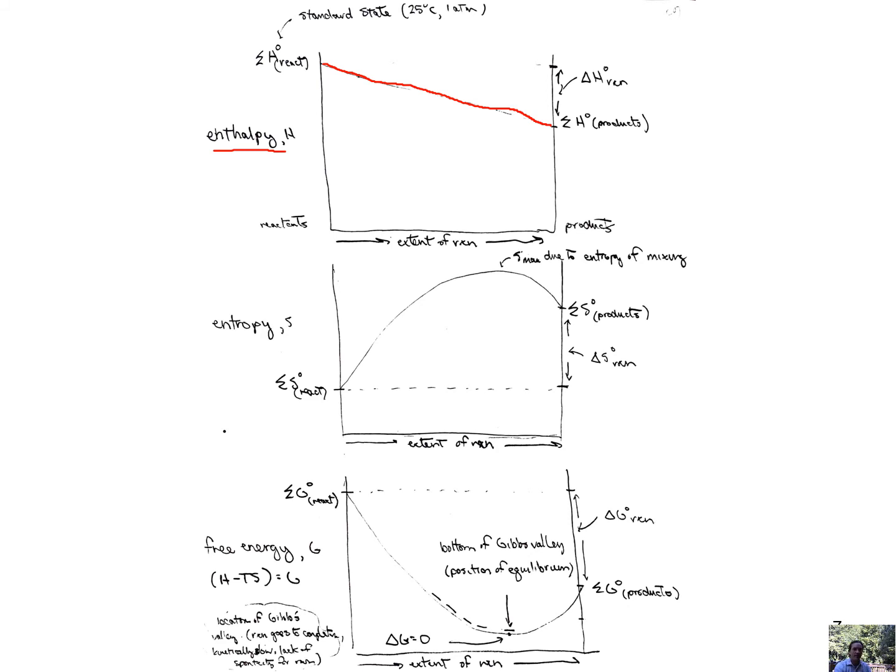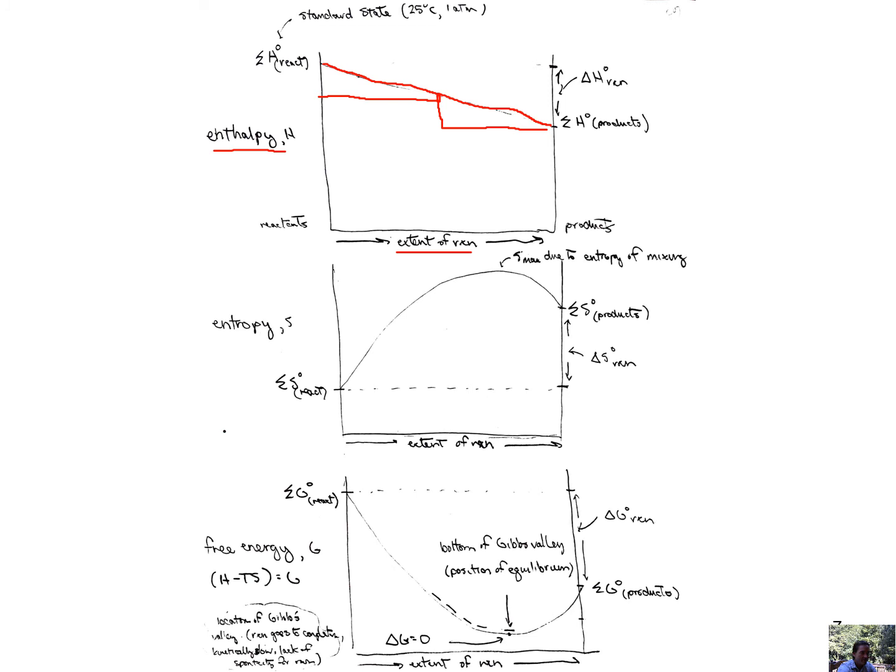As I go from reactants to products, and in this case I am portraying an exothermic reaction where the system is losing heat and delta H is negative, you can imagine that if the reaction goes halfway, I've released half of the heat. And that totally makes sense. And so it is kind of a linear function when you put it relative to the progress of a reaction.